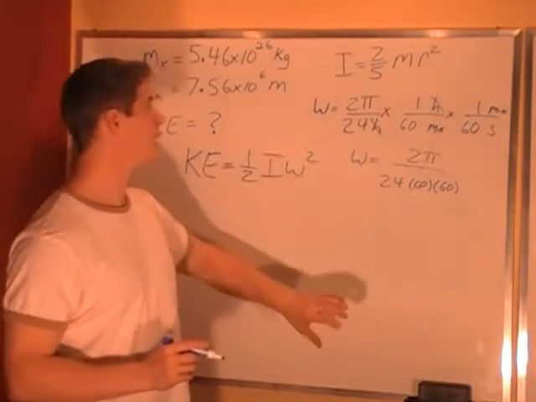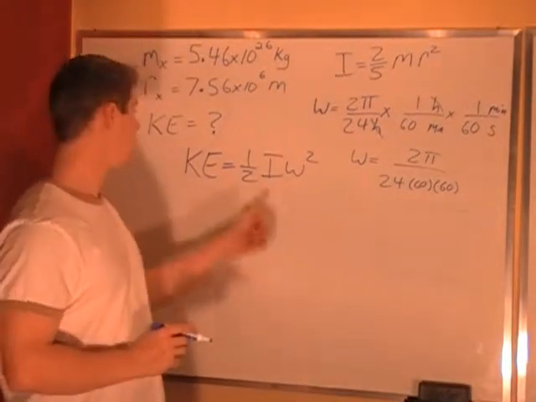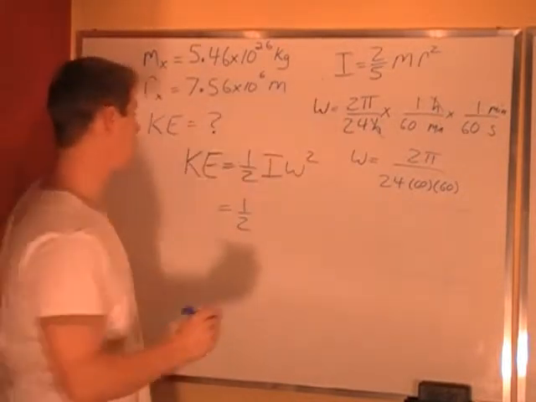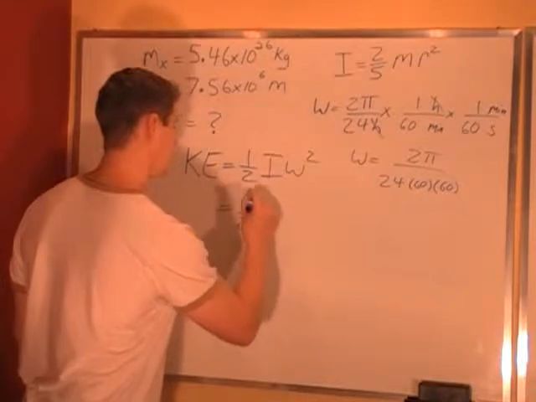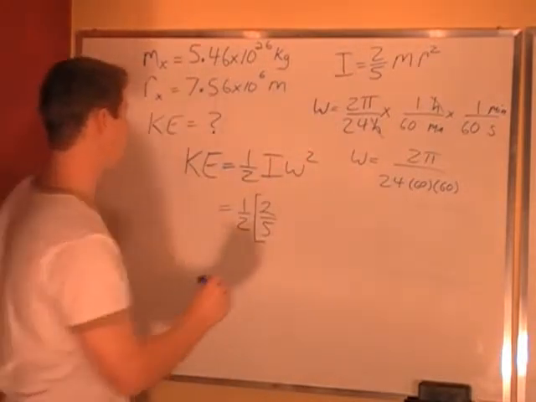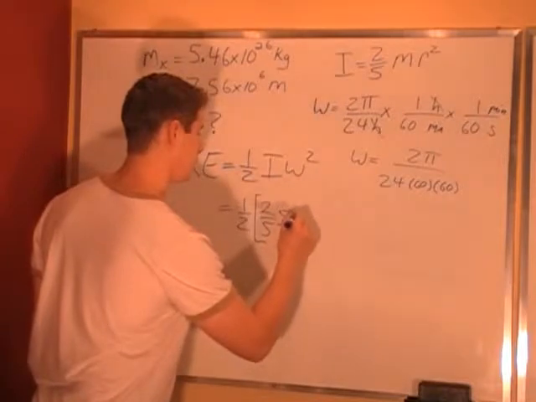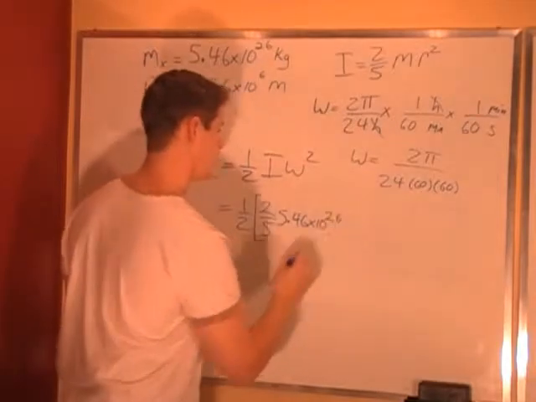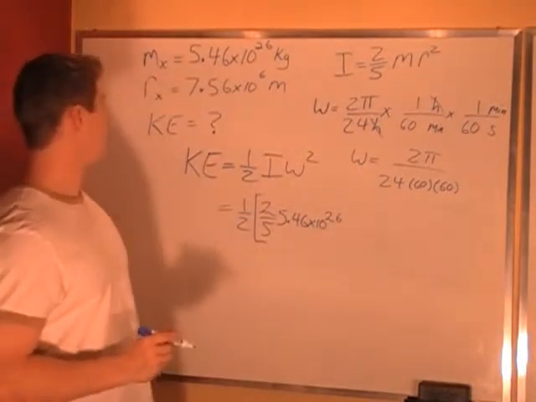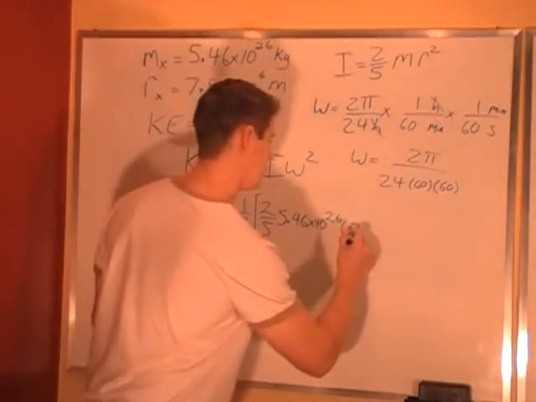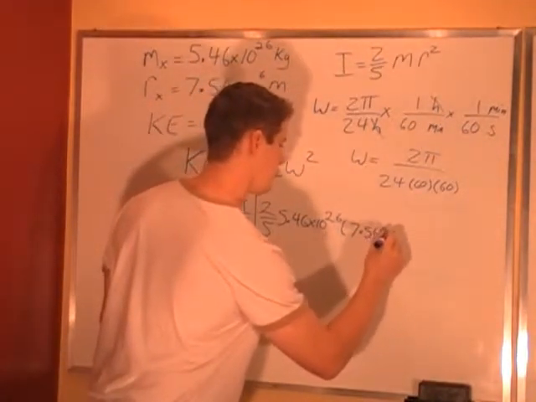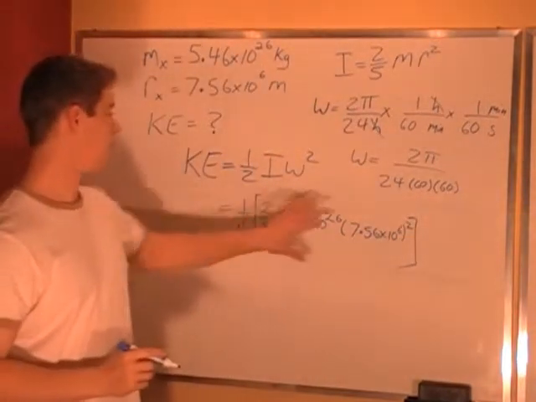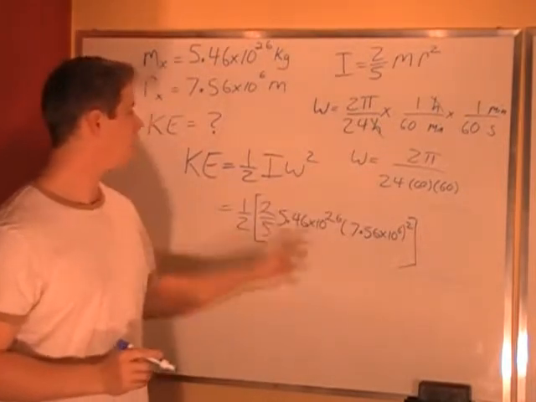So now we can plug this omega and this moment of inertia into our kinetic energy formula. 1/2 moment of inertia, 2/5 mass, 5.46 times 10 to the 26th, radius of 7.56 times 10 to the 6th, squared, and that's my moment of inertia, 1/2 I omega squared.